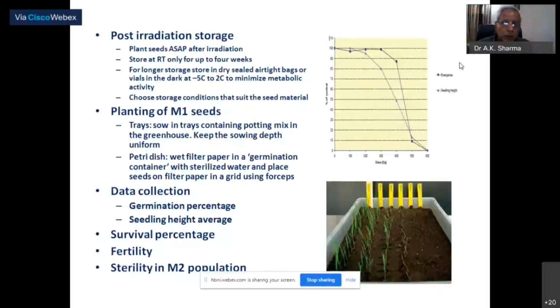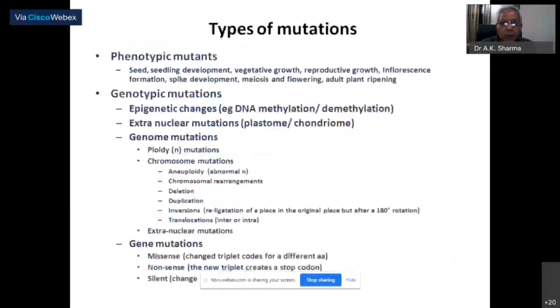Those which are fertile, which can grow, are definitely the material for the breeder. This is the material which the breeder will look at very carefully for phenotypic changes, the outward changes, and whether he wants any of those changes to be used in further experiments.